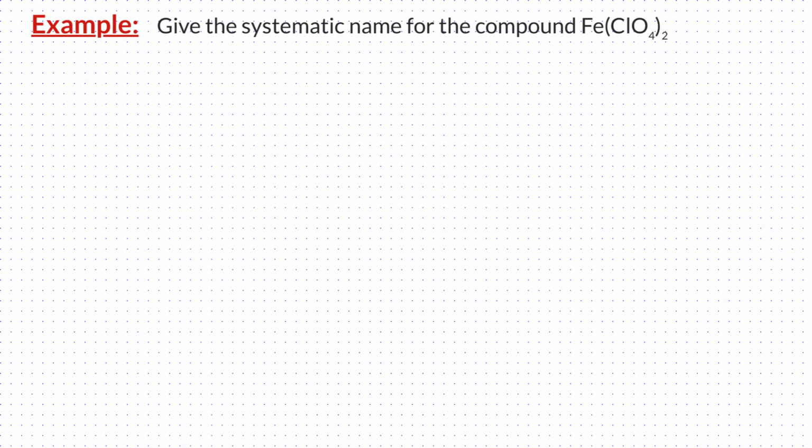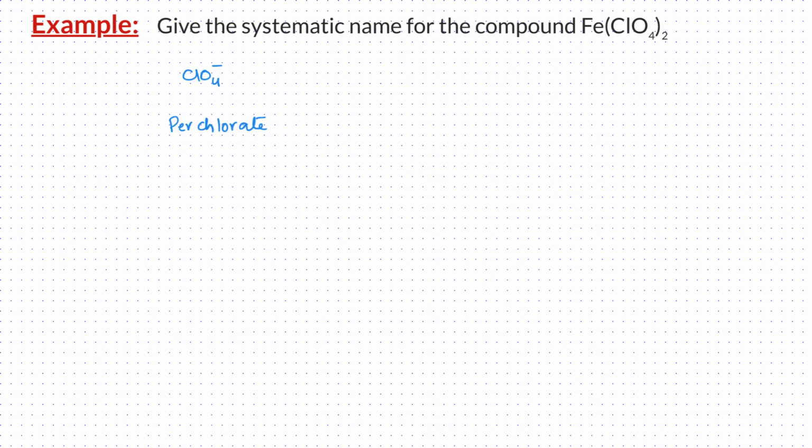Example: give the systematic name for the compound Fe(ClO4)2. We should know that ClO4- is a polyatomic ion with -1 charge and its name is perchlorate. There are two perchlorate ions in the compound, each with -1 charge.